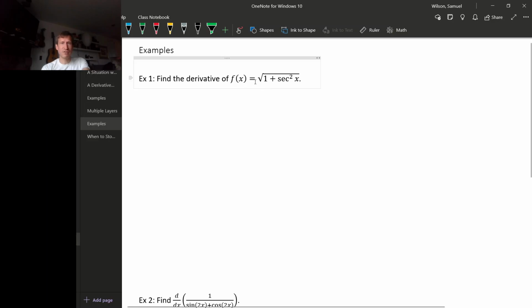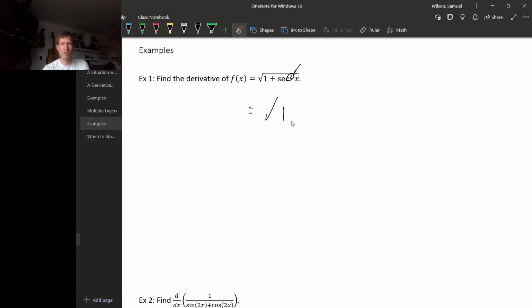So let's find the derivative of this, square root of 1 plus secant squared x. Now, it's a little tricky to see how this is put together, why this has multiple layers of function composition, but it's because of this squared here. So remember that this is really an exponent for secant of x.